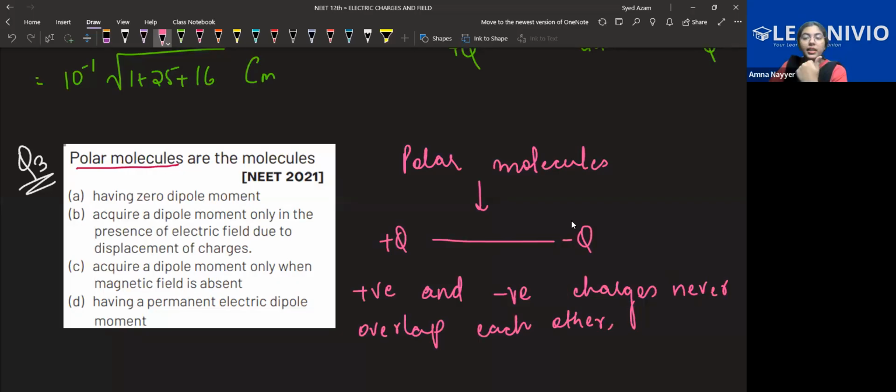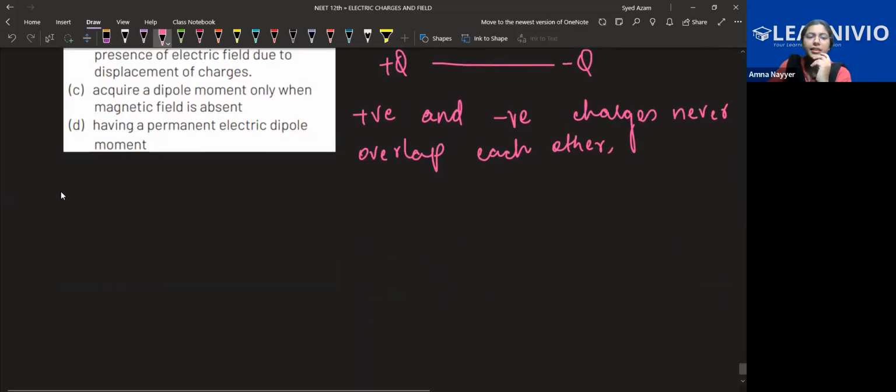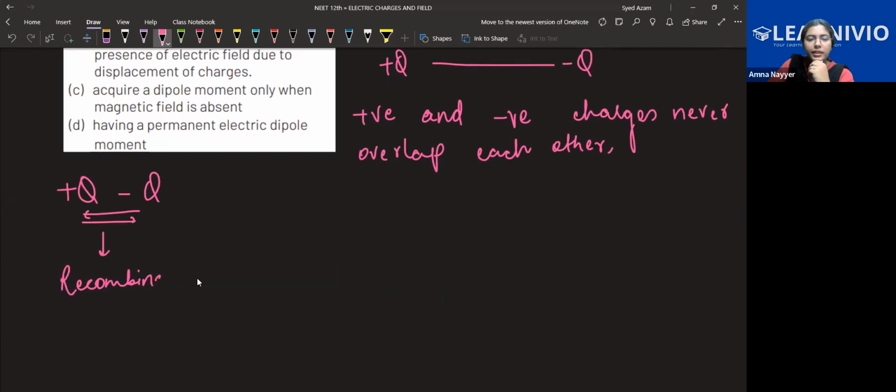See, if they overlap, what will happen? If the two charges are coinciding, they will just recombine. Here the recombination will occur. Recombination will make the body back to neutral, that is, the net charge will be zero. Hence, the net dipole moment will be zero.